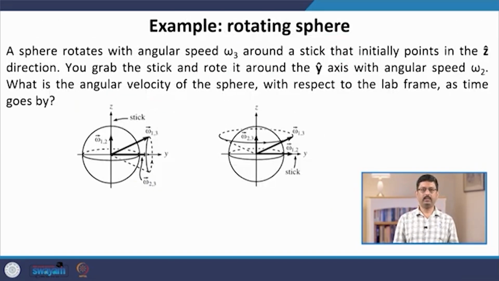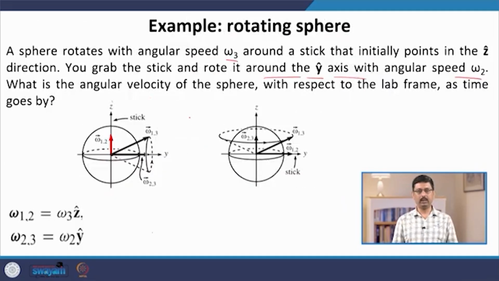So, let us take an example to understand this. Here is a sphere which rotates. There is a sphere, and there is a stick which is initially pointing in the z direction as shown in the left figure, and this sphere is rotating about this particular stick with an angular speed w3.